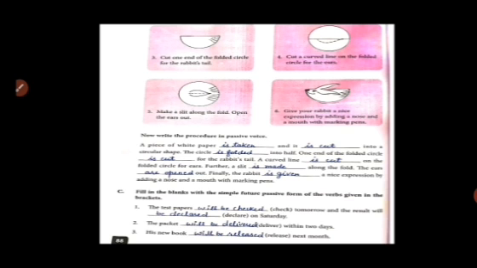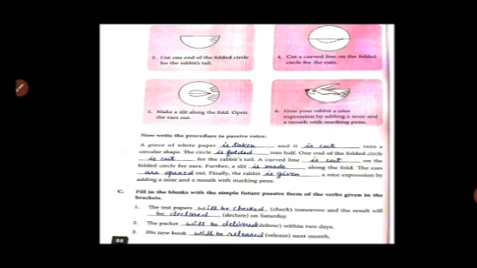And now we have the exercise. A piece of white paper is taken and it is cut into a circular shape. The circle is folded in half. One end of the folded circle is cut for the rabbit's tail.